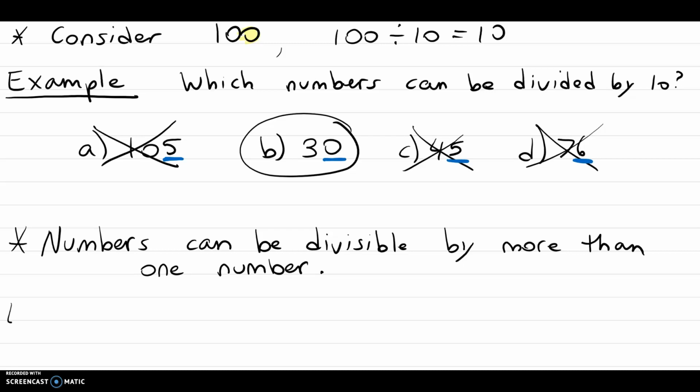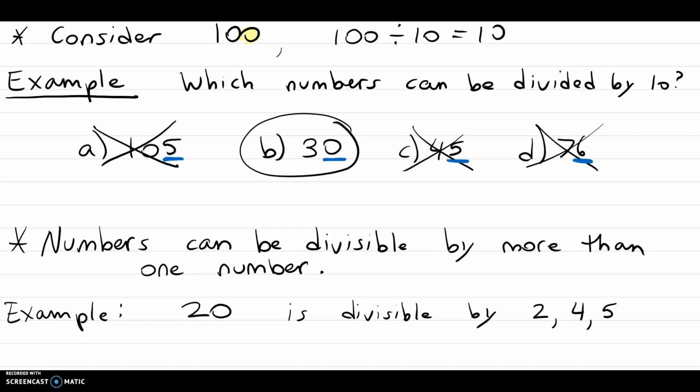So for example, 20 is divisible by 2, 4, 5, and 10.